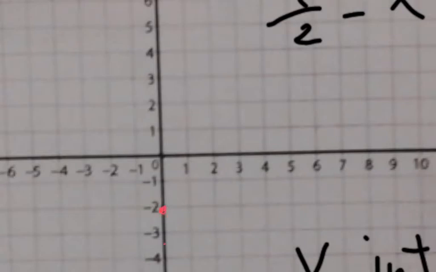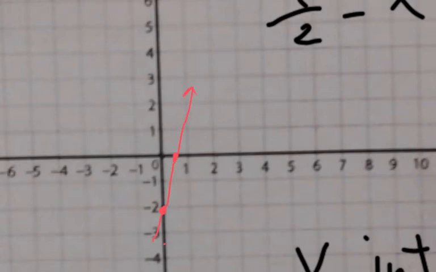Over 0, down 2 is my y-intercept, because this is the y-axis. So it intercepts the y-axis at -2, and the x-intercept was 1/2, so roughly in this area. And then if I connect the two, I don't really need a straight edge to do a good job with this.